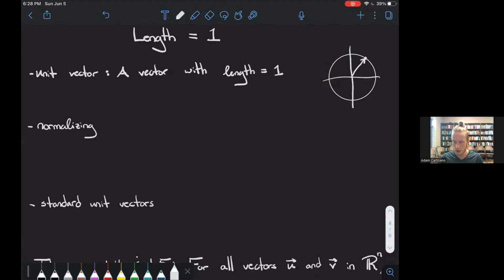And, of course, the length of this vector is 1. You just do Pythagorean theorem, or dot the vector with itself, right? And so, yeah, points on the unit circle, 1-to-1 correspondence with unit vectors.